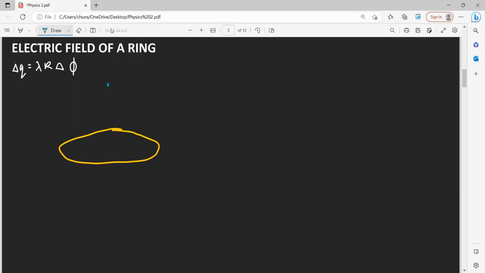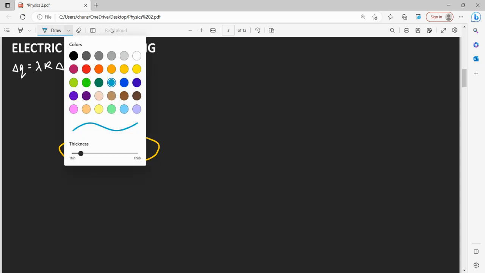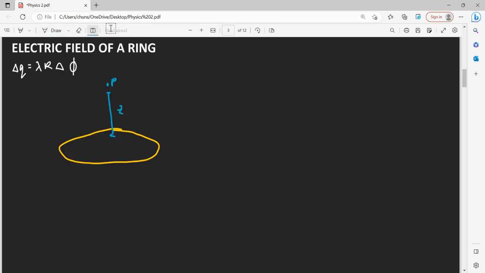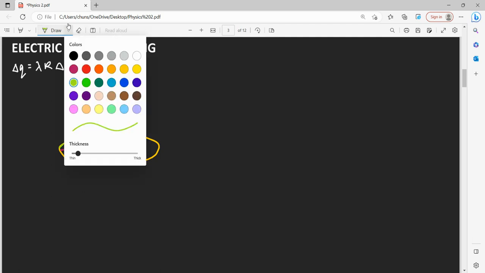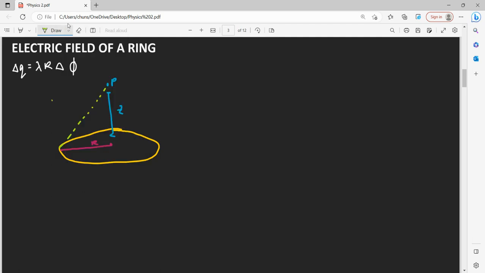Where our point is at a distance of z, we have a radius of r, and we have our separation distance, which we can write out really quickly. We know that to be the square root of r squared plus z squared, right?